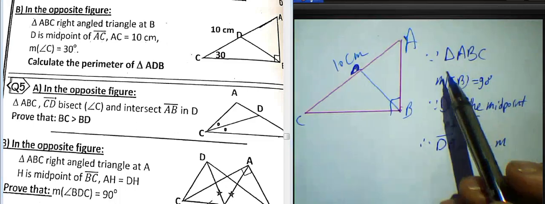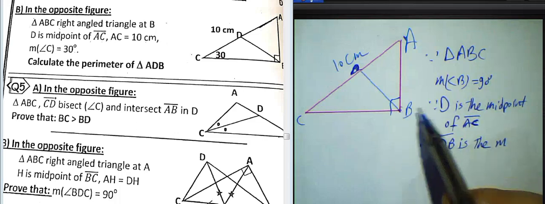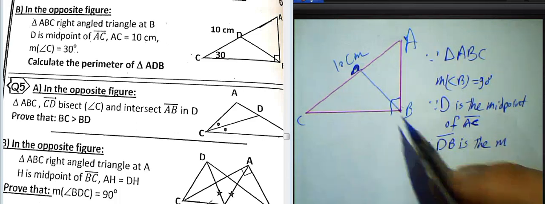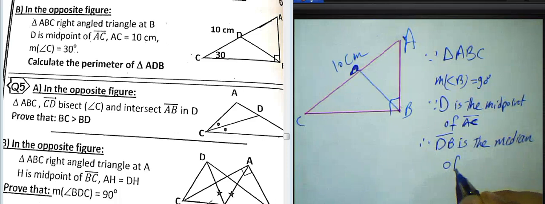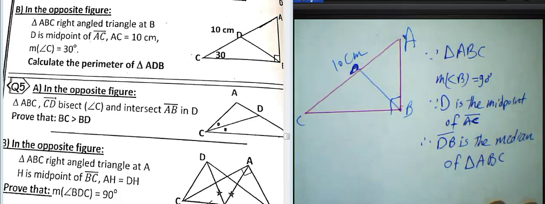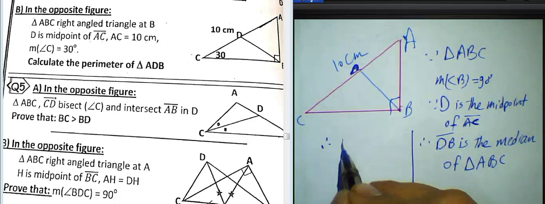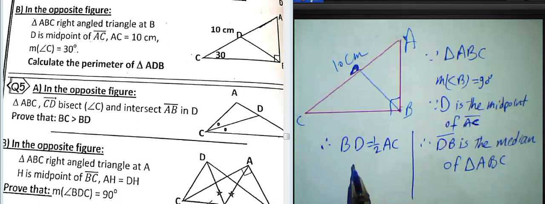In triangle ABC, measure of angle B is 90 degrees, and D is the midpoint of AC, then DB is the median of triangle ABC, we call it the median. Then BD equals half of AC.